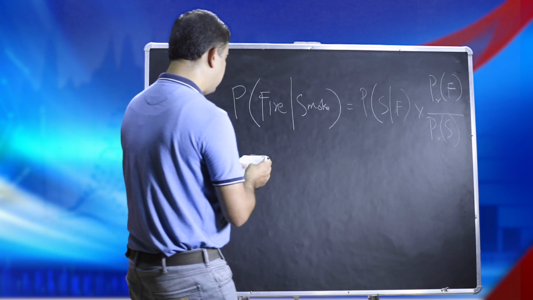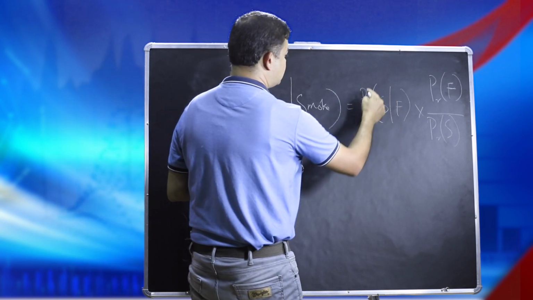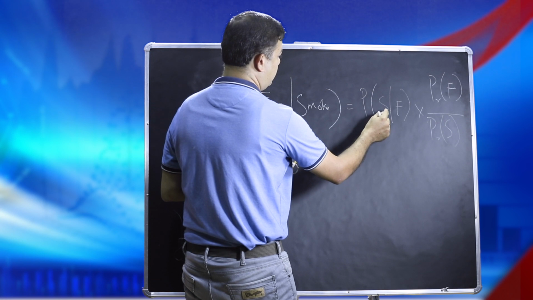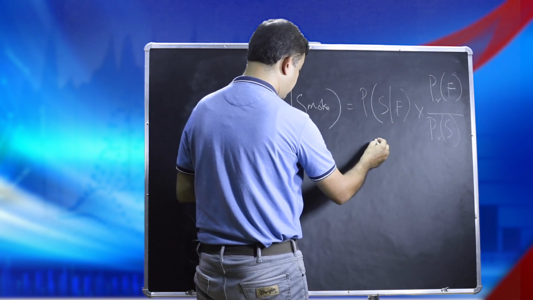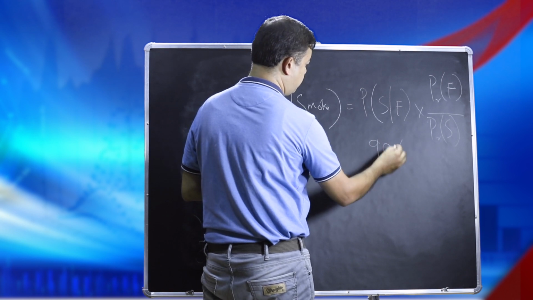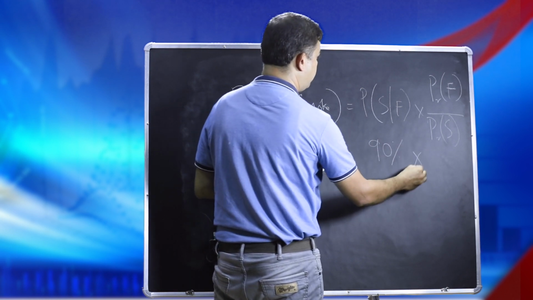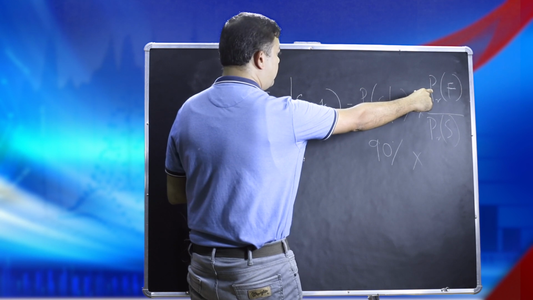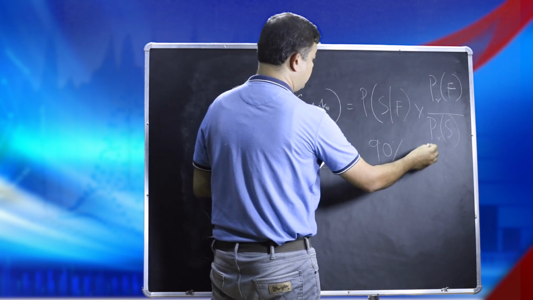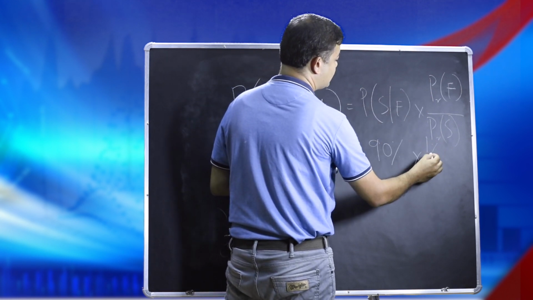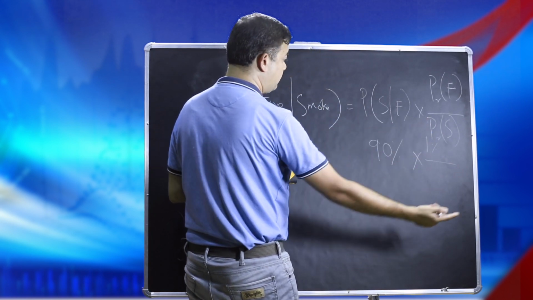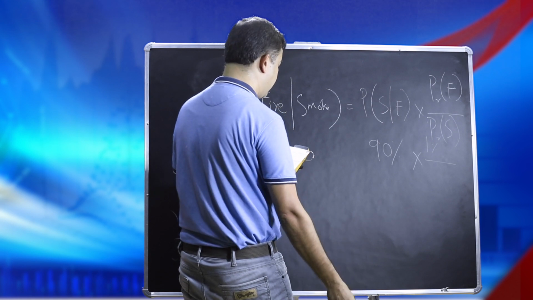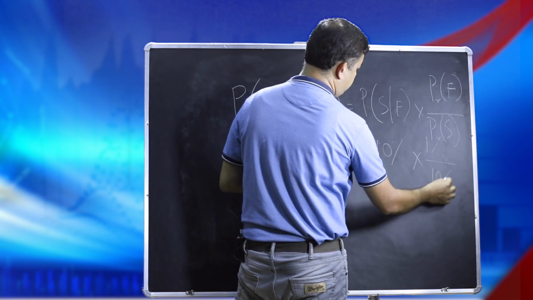So let us actually see that. The probability of smoke in case of fire, as we have already seen, is 90%, multiplied by the probability of the fire. As we know, it is only 1%. The problem says that it is only 1%, divided by the prior probability of smoke. Again, the problem clearly states directly that it is 10%.